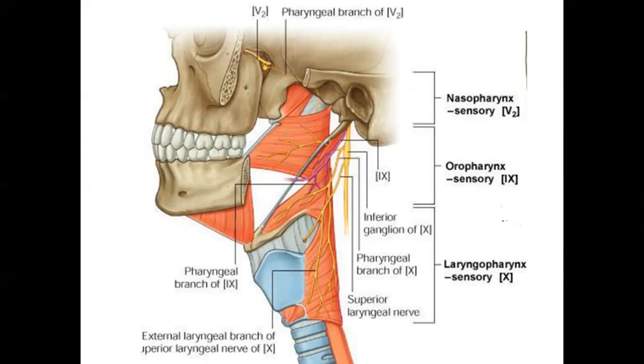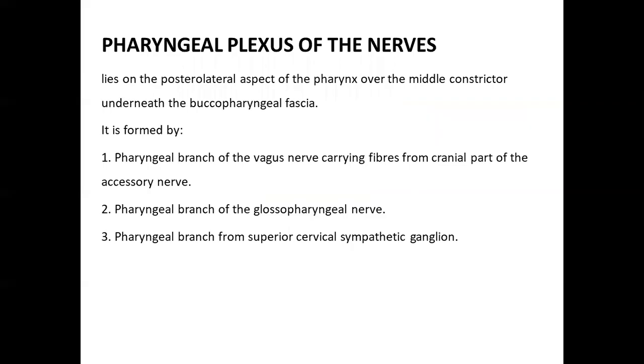It is formed by the pharyngeal branch of the glossopharyngeal nerve, which is sensory, and it contains fibers from the pharyngeal branch of superior cervical sympathetic ganglion. Okay, and sometimes it also contains a branch of the external laryngeal nerve. So this is your pharyngeal plexus.